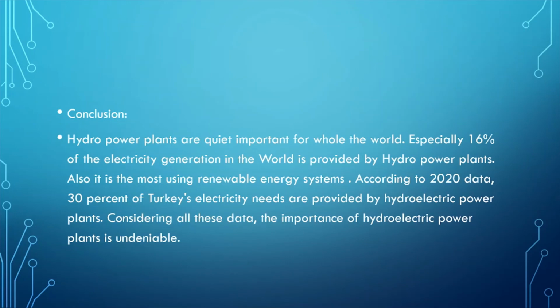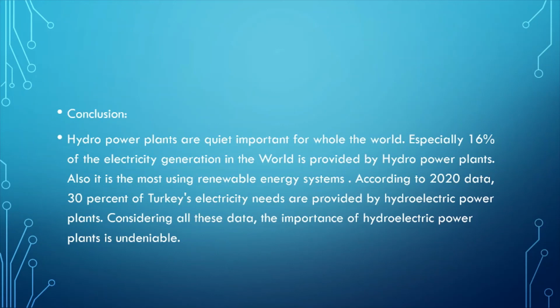The last part is the conclusion. Hydropower plants are quite important for the world. 16% of the electricity generation in the world is provided by hydropower plants. Also, it's the most used renewable energy system.